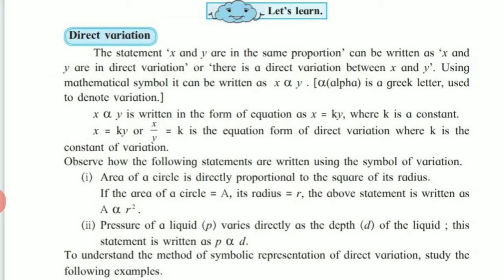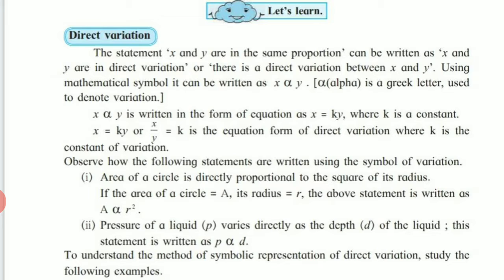X alpha Y is written in the form of an equation as X is equal to Ky, where K is a constant. X is equal to Ky or X upon Y is equal to K is the equation form of direct variation, where K is the constant of variation.